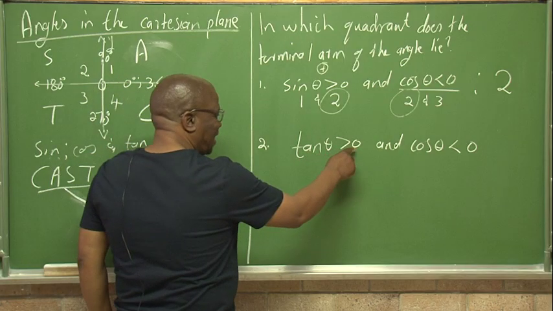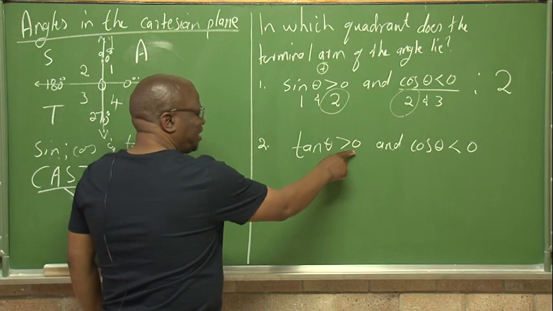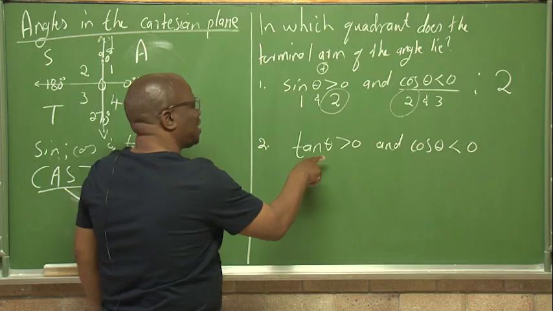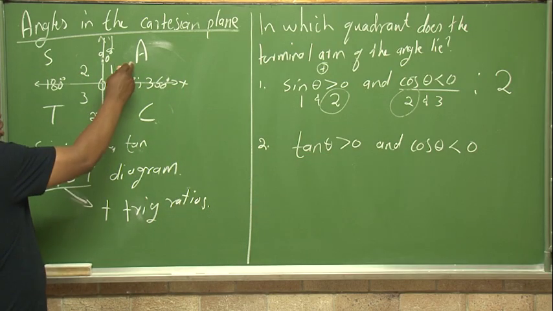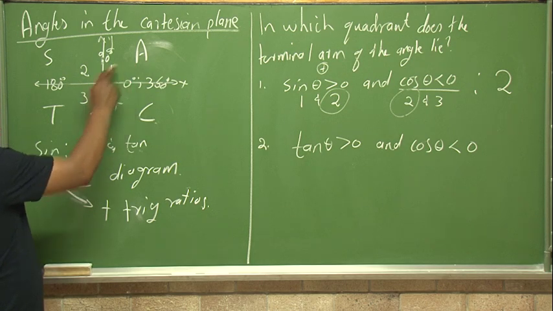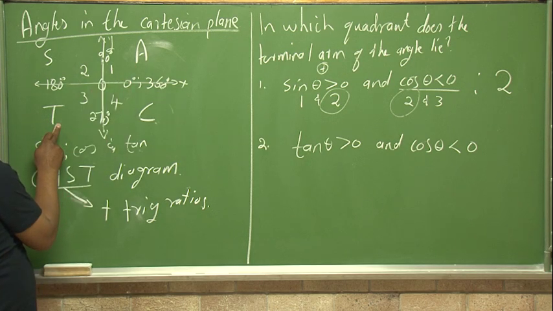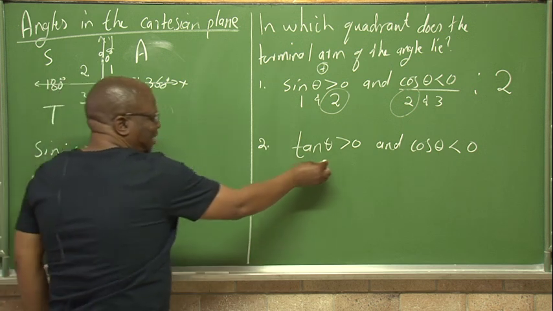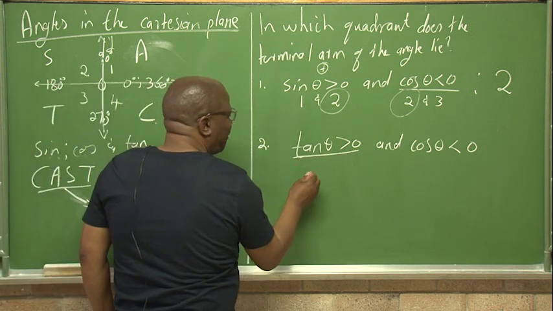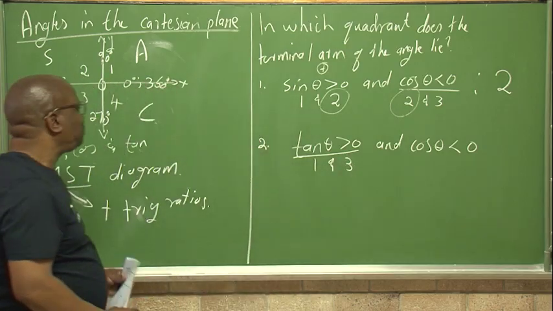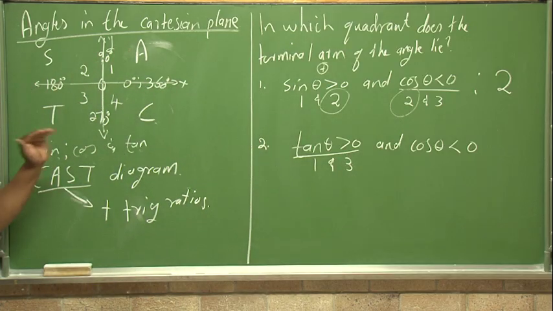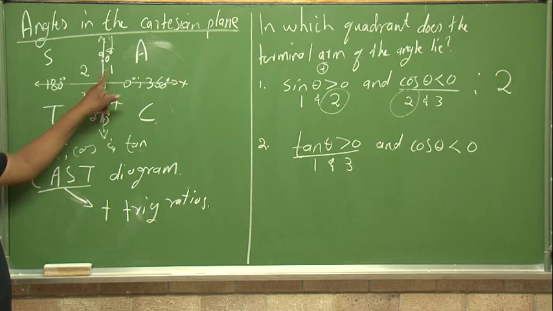Tangent greater than 0 means that tangent is positive. In which quadrant is tangent positive? Come to the CAST diagram. All three ratios are positive in the first quadrant. Tangent is positive in the third quadrant. So in this case, we are referring to the first and third quadrants. According to the CAST diagram, tangent is positive in the first and third quadrant.